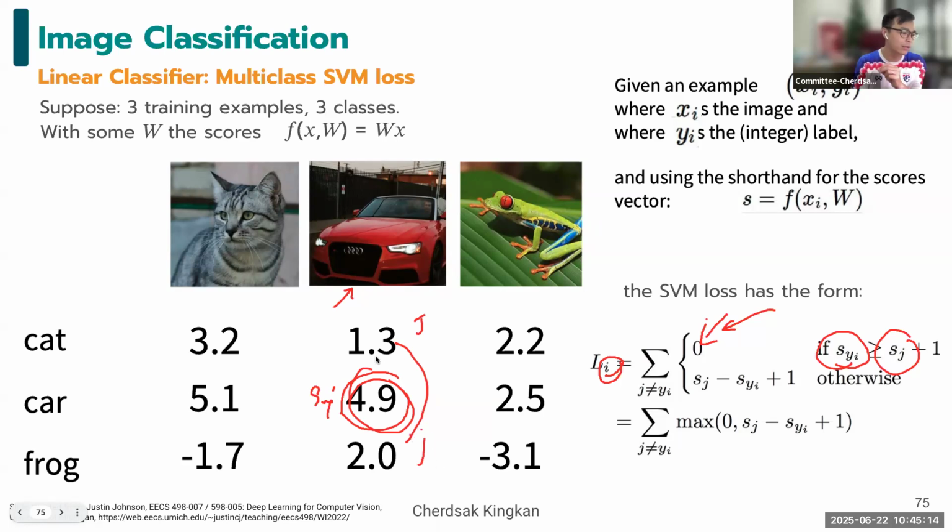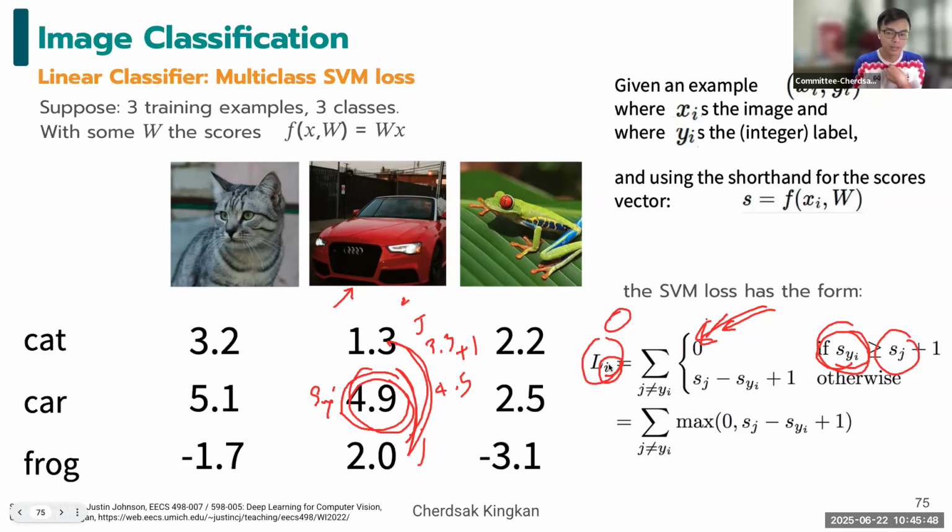If you sum these two up, you get 3.3, and then plus 1, you get 4.3. It is obviously less than 4.9, which means that the score of the correct class is greater than the sum of the scores of the other classes plus 1. So the loss value of this example will be equal to 0.